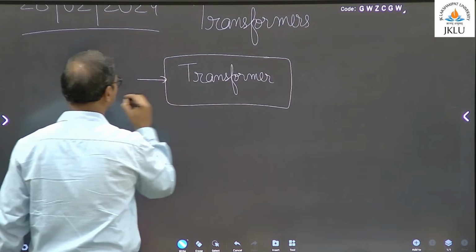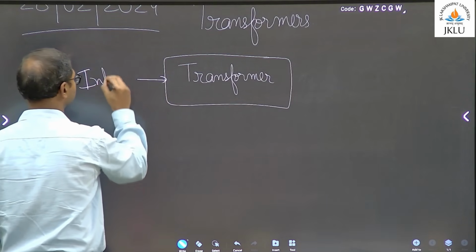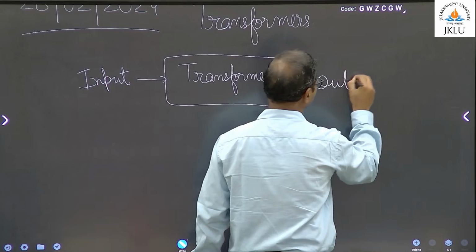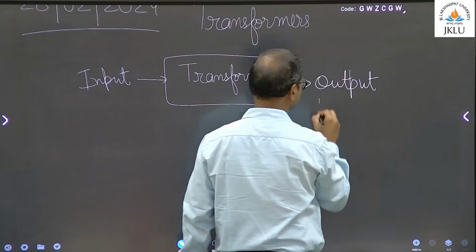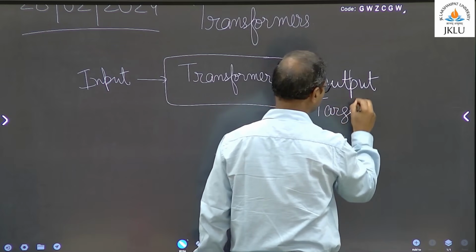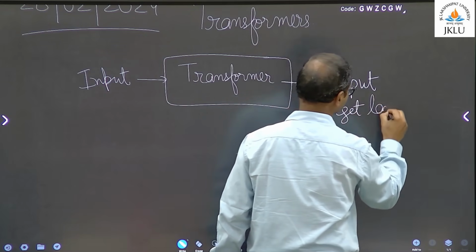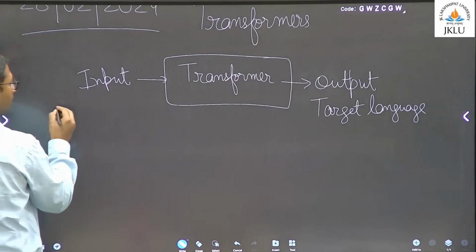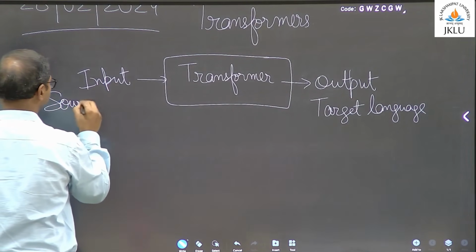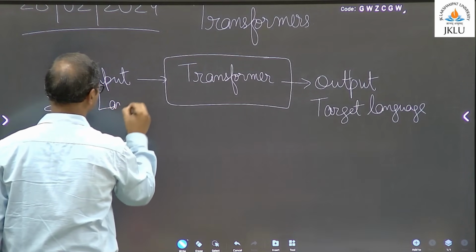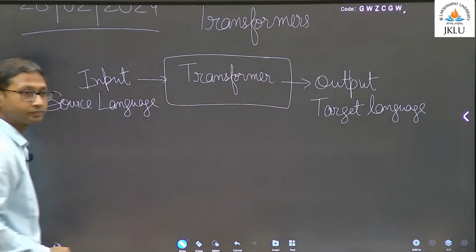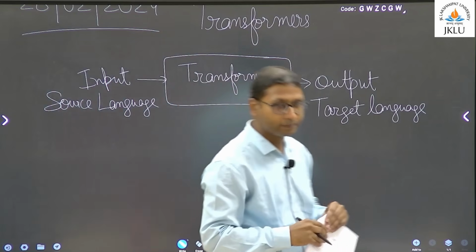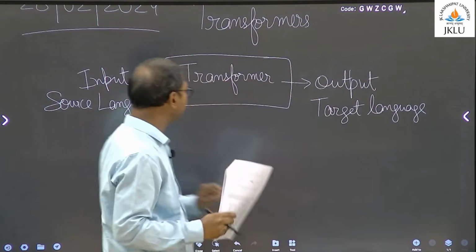So you give input in language 1 and you get output in some target language, and this is your source language. This is what, at a very high level, a transformer does. But we are going to look at every detail of it.